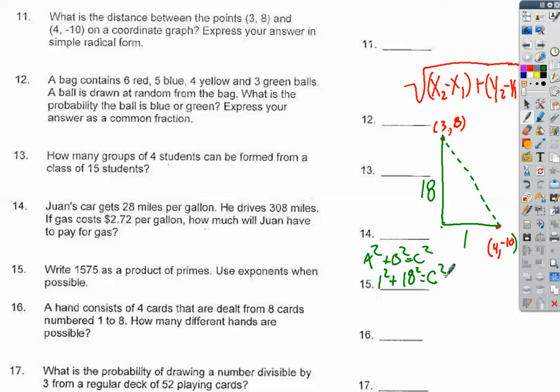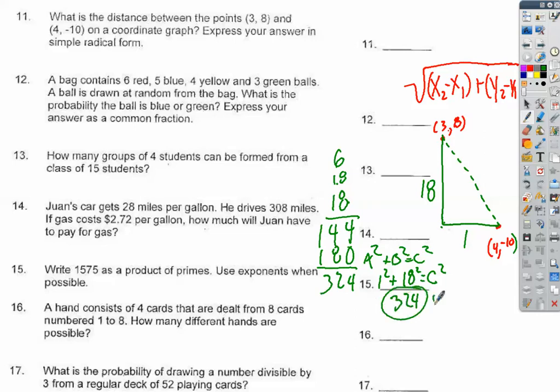So 18 squared is... I wish I knew this off the top of my head, but I don't, which is somewhat embarrassing. There we go, 324.